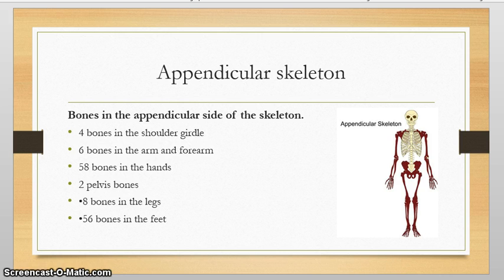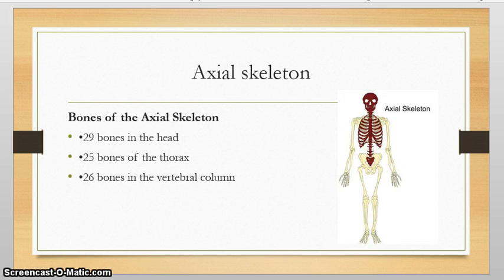Next slide is the axial skeleton. The axial skeleton is the central core of the human body, housing and protecting the vital organs.